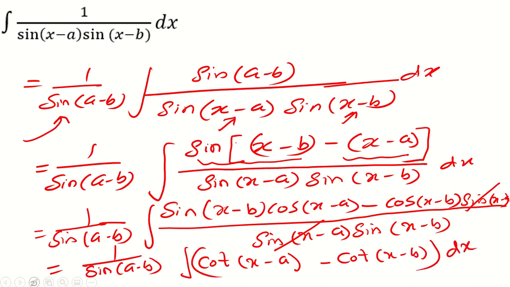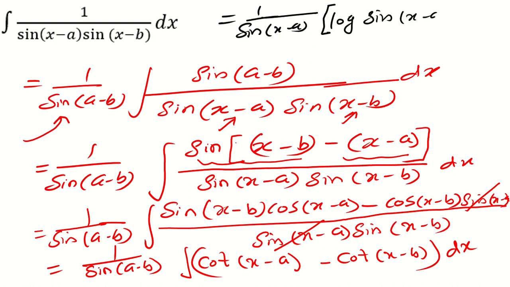Okay, and what will be its integration? If you remember the formula, the integration of cot x is log of sine x. So I am writing up here, 1 over sine(a minus b) times the integration of cot(x minus a), it will be log of sine(x minus a) minus log of sine(x minus b). And what else can you do here?